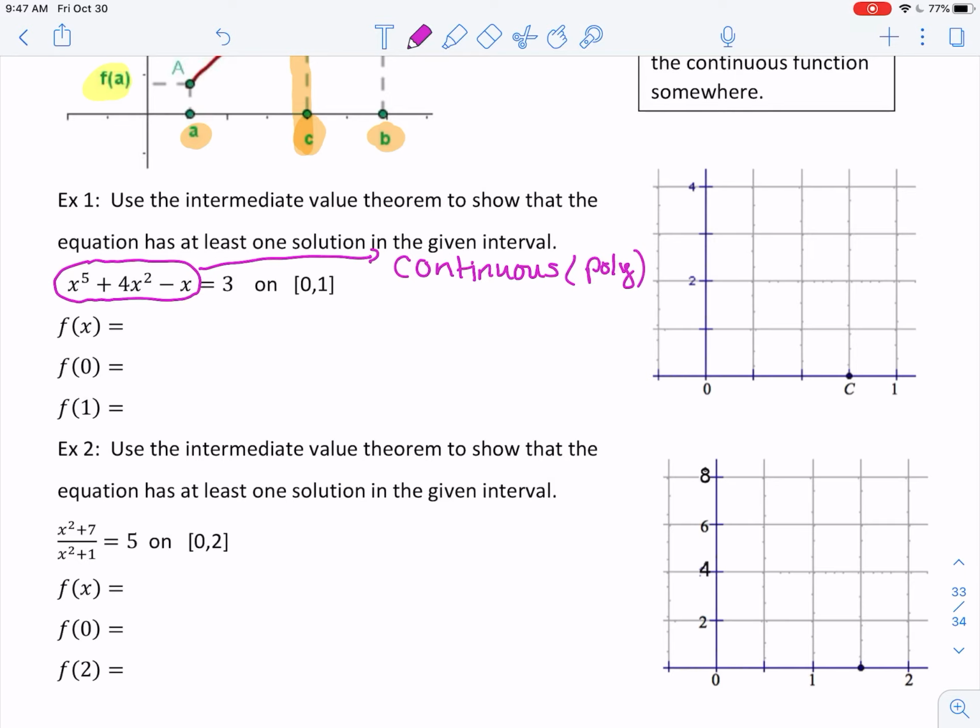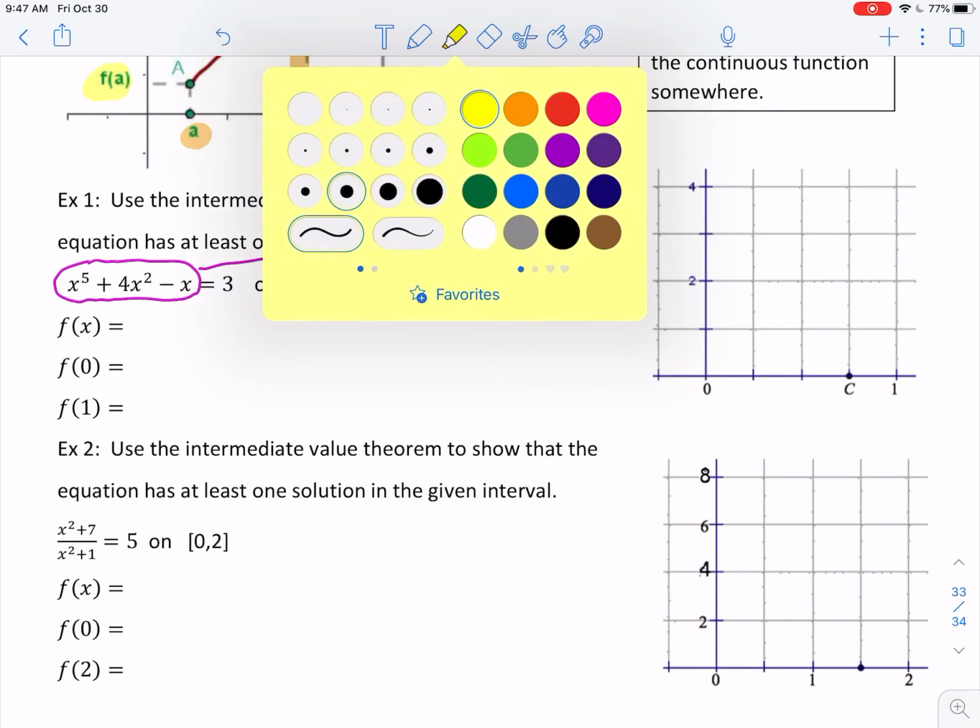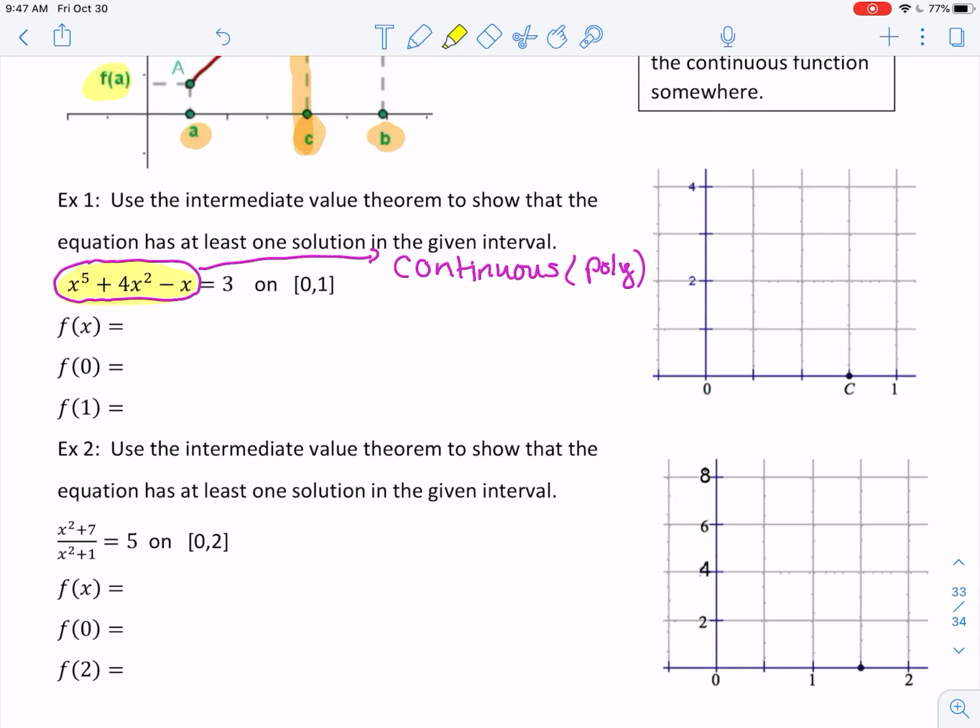So you're going to start by evaluating that function at 0, this f of x, this part, okay? So f of x is this side of the equation. F of 0 is 0. And f of 1, if you plug 1 into that yellow expression, you should get 4, right?